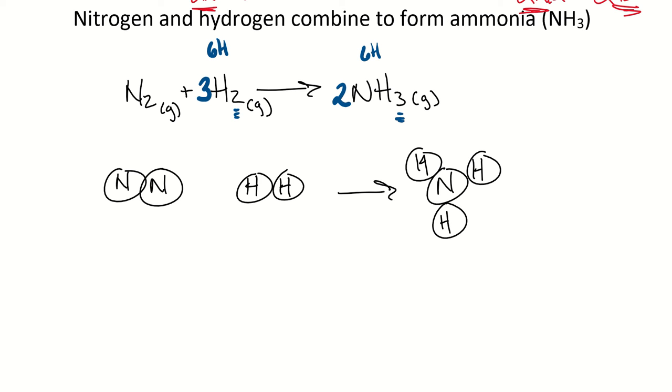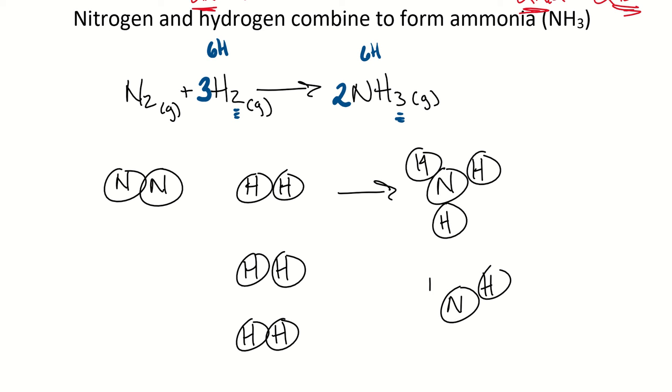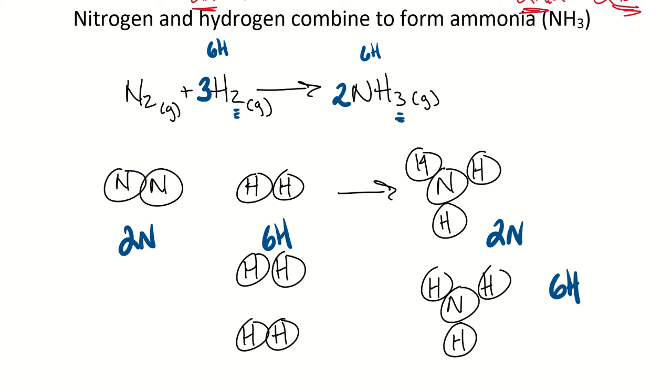Let's draw that and see what happens. There's my 3 hydrogens, and there's my 2 ammonias. Now let's count up the elements again. 2 nitrogen, 2 nitrogen, 6 hydrogen, 6 hydrogen. Balanced.